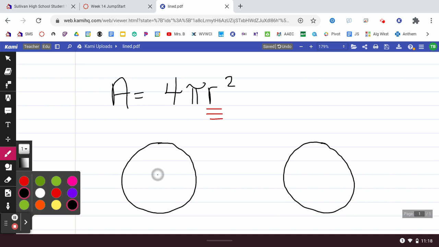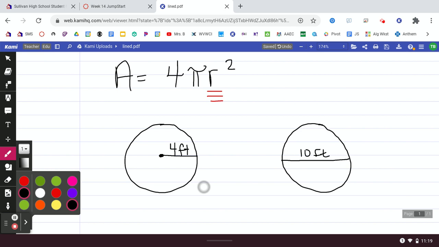If you're given one that looks like this, and then you're given one that looks like this, and you're asked to find the surface area of both of these. So we're going to do that.